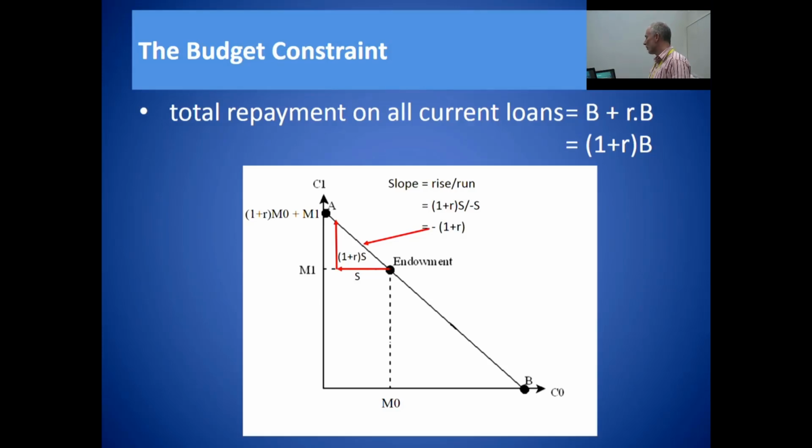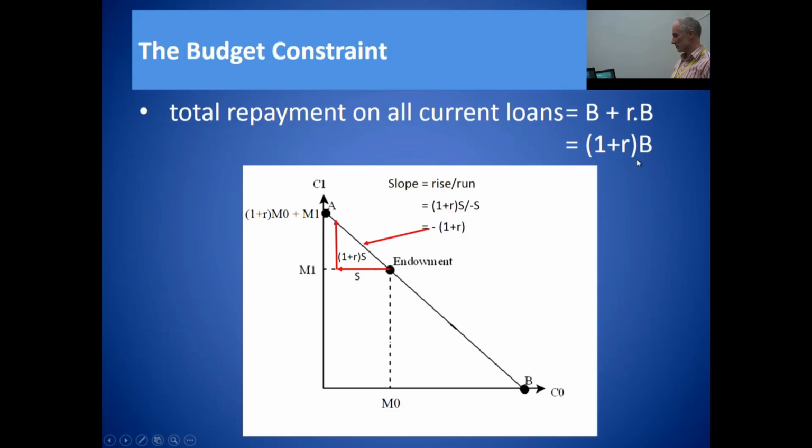So if you borrow B pounds in the present, in the future you pay back not just your B pounds, but also the interest repayment on the B pounds. That is R times B. Simplify that to 1 plus R times B.